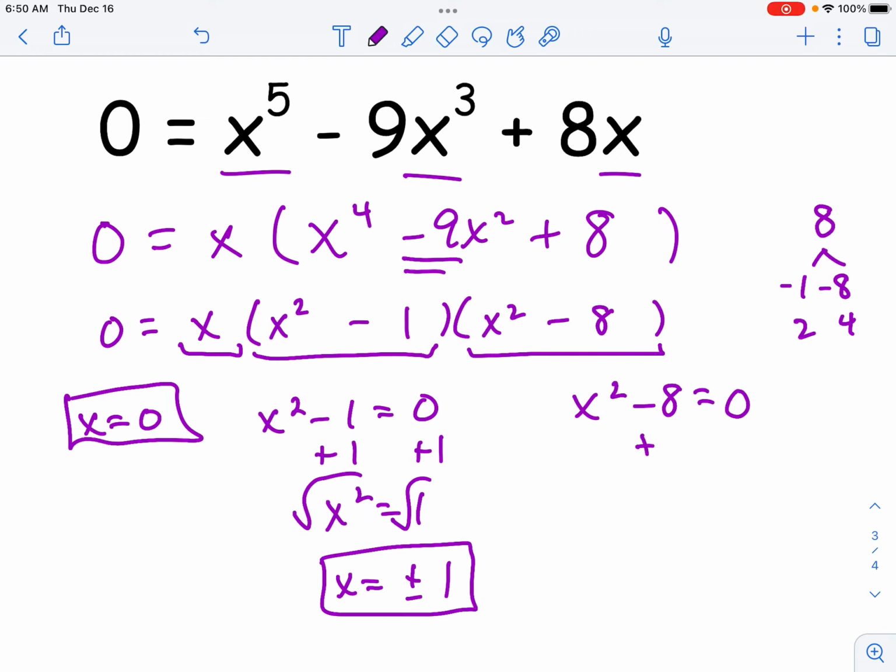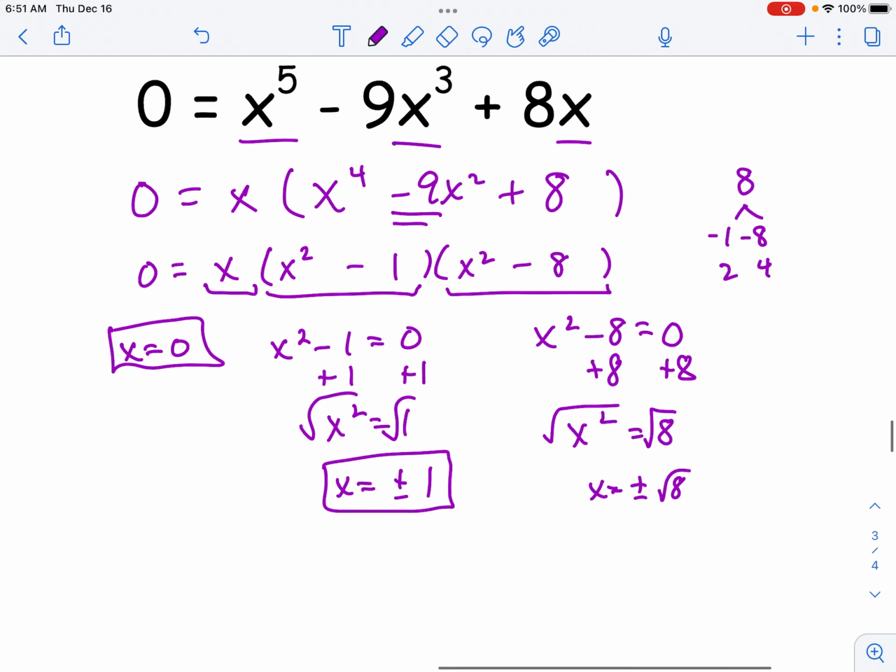On the other one, we're going to add 8 to both sides. We get x squared equals 8. We square root both sides, and we get x equals plus or minus the square root of 8. So the square root of 9 would be 3. That means the square root of 8 is probably around like 2.8 or something like that. Typically, we wouldn't leave it as the square root of 8.